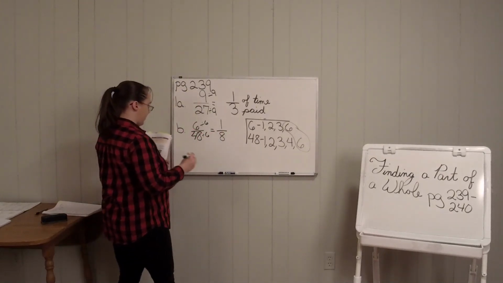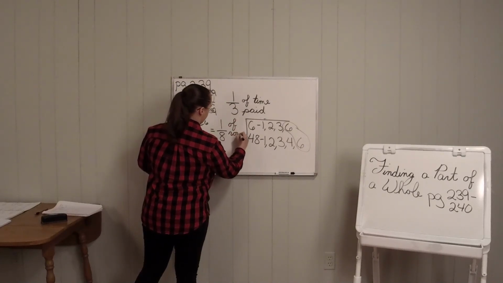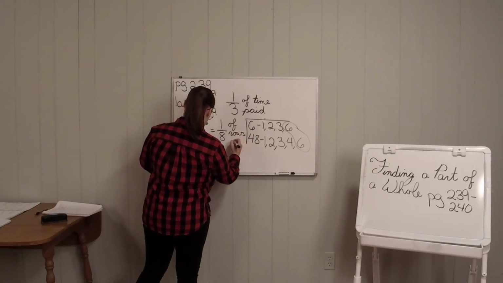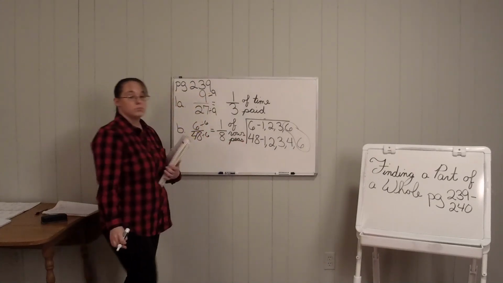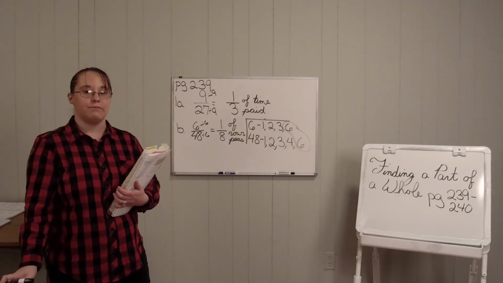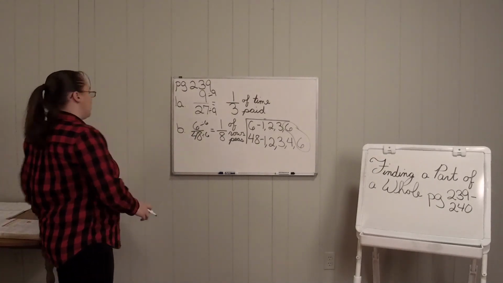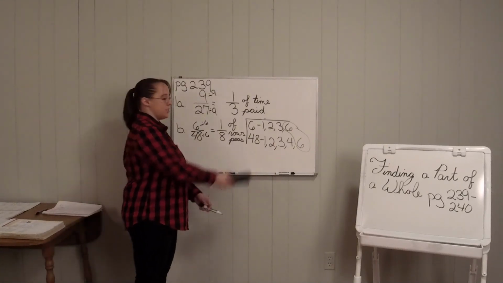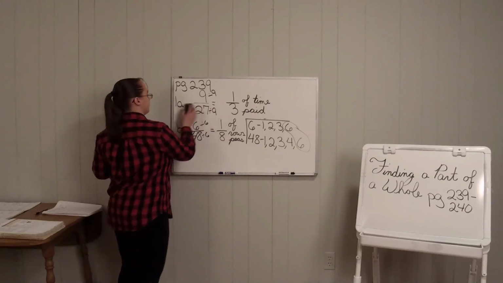It's 1/8 of rows of peas. So don't forget how to do the GCF, the greatest common factor. When you reduce fractions, that's what you do, in case you forgot.